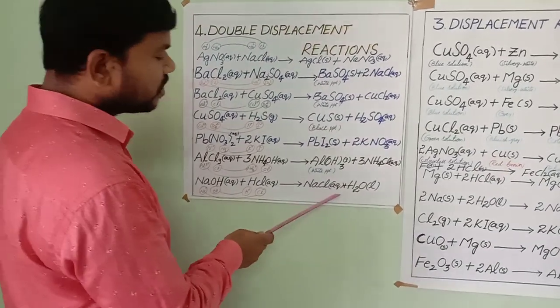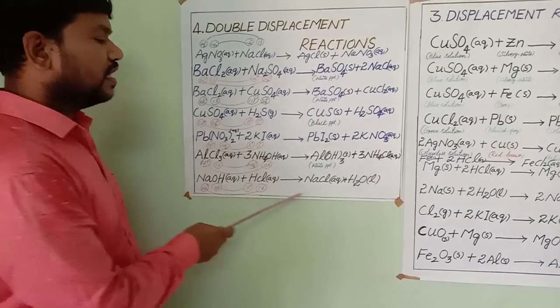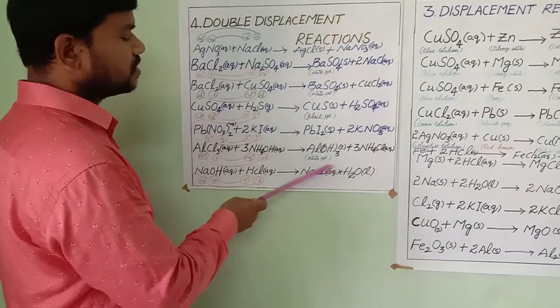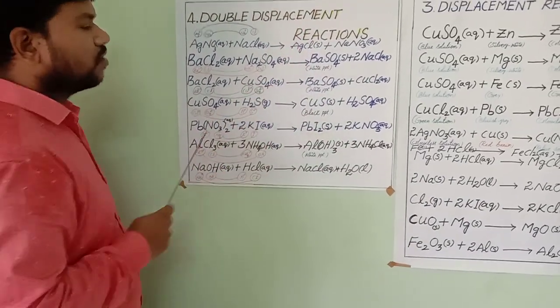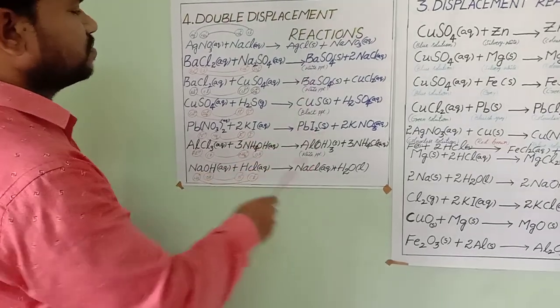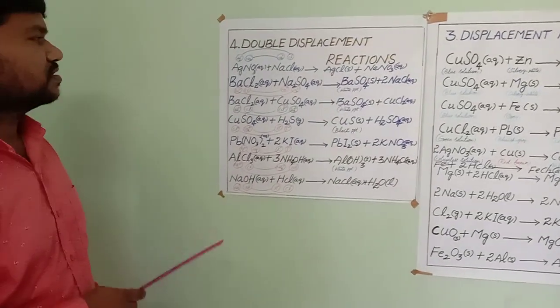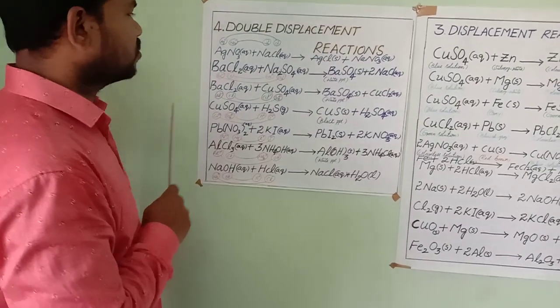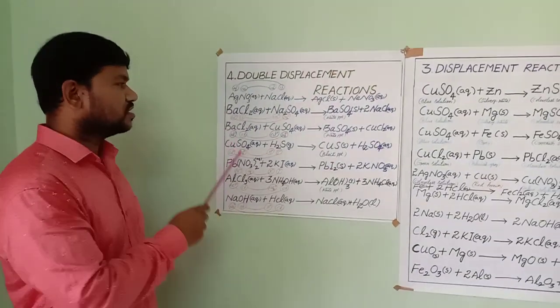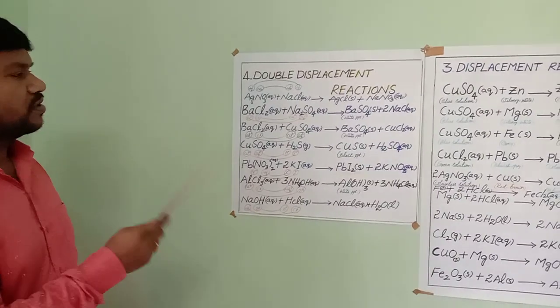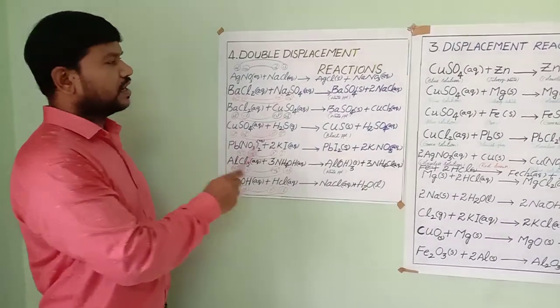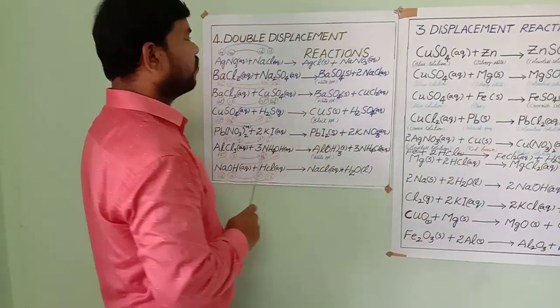Why? Because sodium chloride is soluble in the liquid, so we cannot see a precipitate. In all the remaining cases we can see precipitation reactions. So these chemical double displacement reactions generally occur in solutions, where the radicals mutually exchange so that two new compounds are formed.